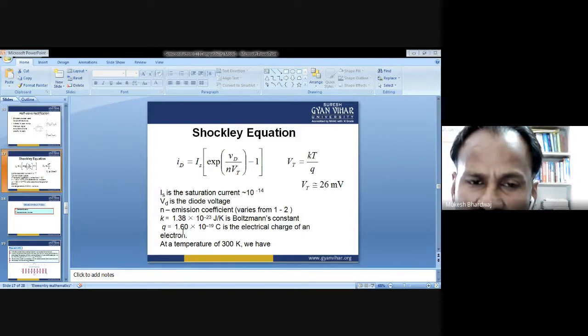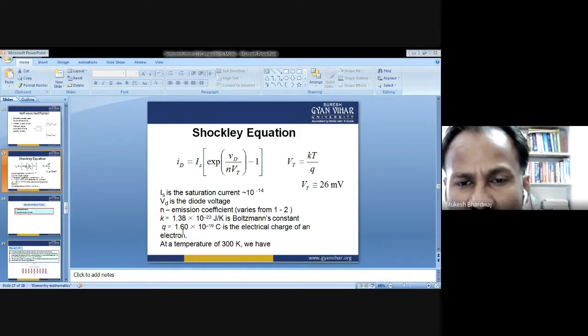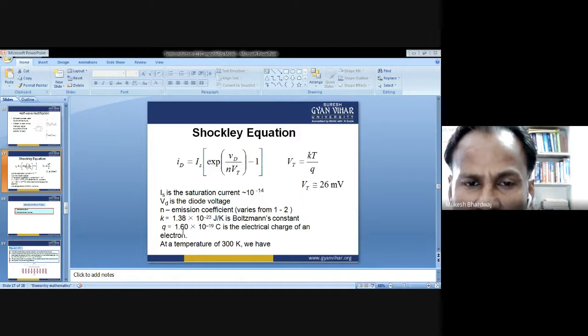The equation representing the current-voltage relationship is ID equals IS times e to the power VD upon eta VT, minus 1, where VT equals kT by q, k is the Boltzmann constant, T is the temperature, and q is the electronic charge.